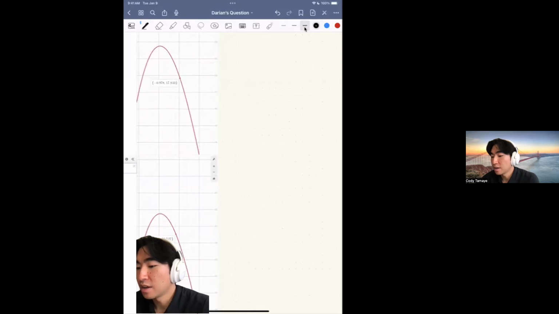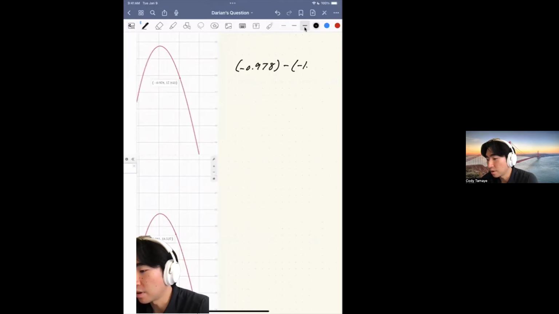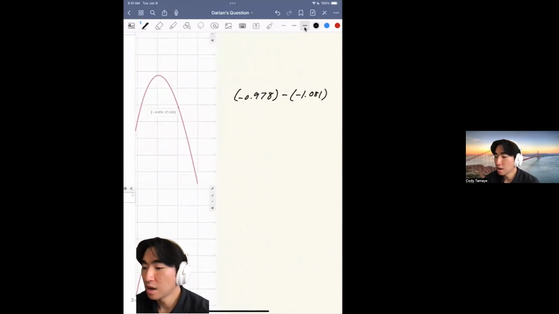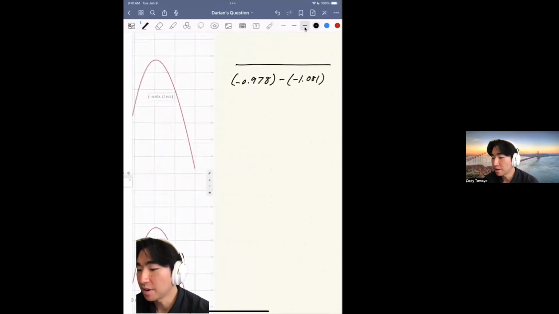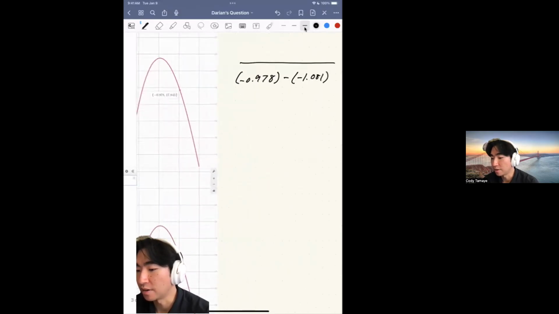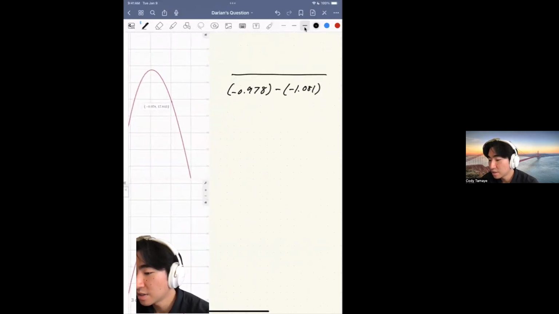So we'll say -0.978 minus -1.081. This is on the denominator, and the numerator is going to be the y values, so 17.843 minus 18.527.